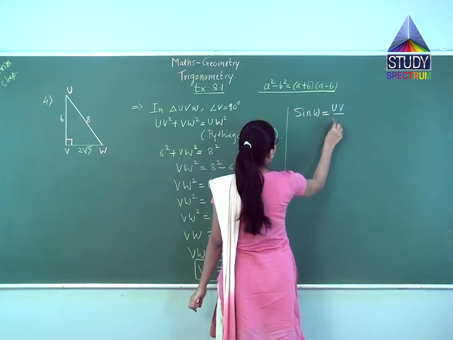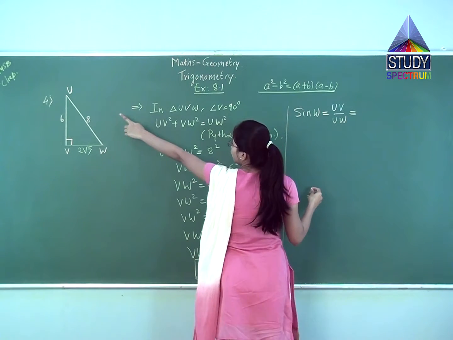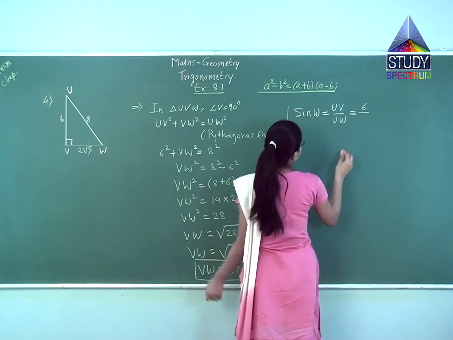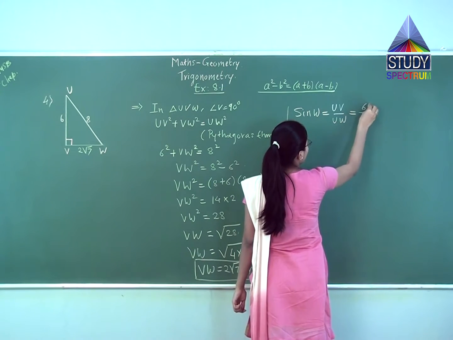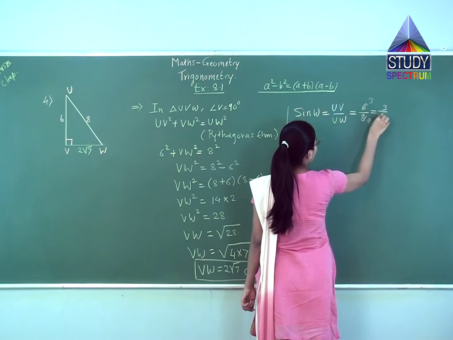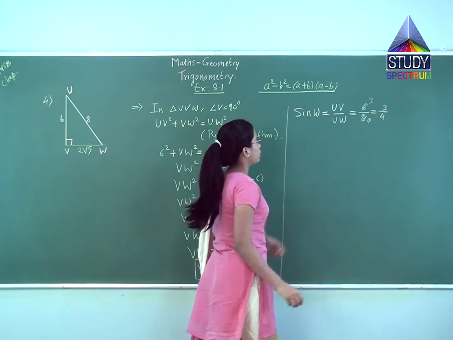Hypotenuse is UW. UV I have 6 and hypotenuse is 8. So 2 3s are 6, 2 4s are 8. So 3 upon 4. So this is the value of sine W.